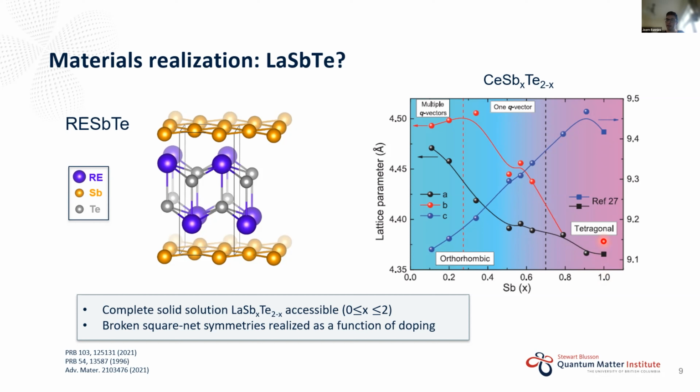But if we go away from this composition towards the antimony deficient side, which is electron doped, then orthorhombic structures are formed and complicated superstructures can be formed, charge density waves with even multiple Q vectors. And this directly shows that in these systems, we can realize different structures just by, if you wish to call it, internal doping. And so this presents an ideal playground to study what happens as a function of symmetry breaking.